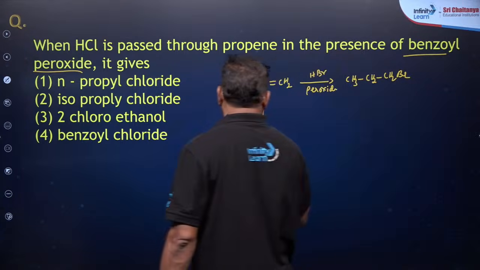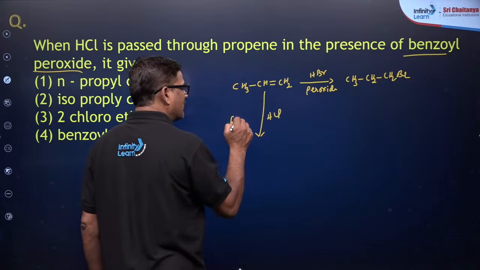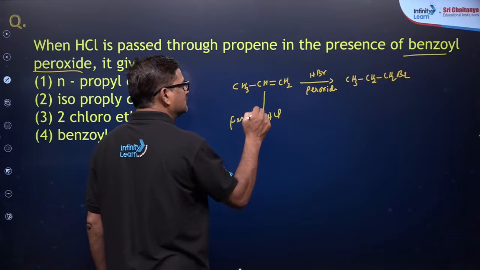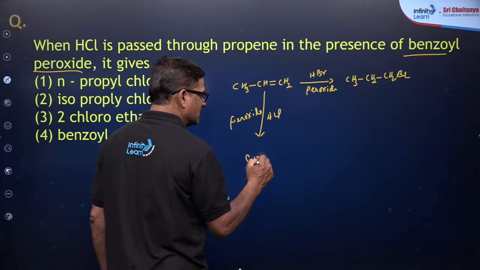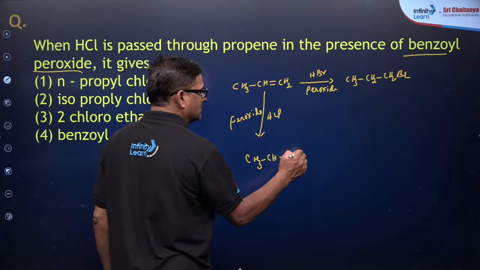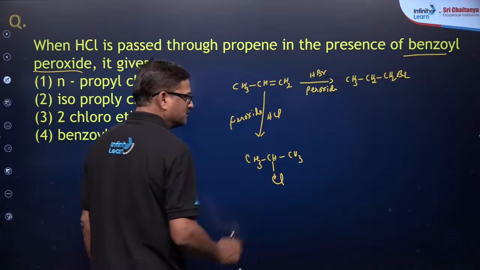If you use HCl with a peroxide, you are going to see CH3, CH and CH3 and Cl.